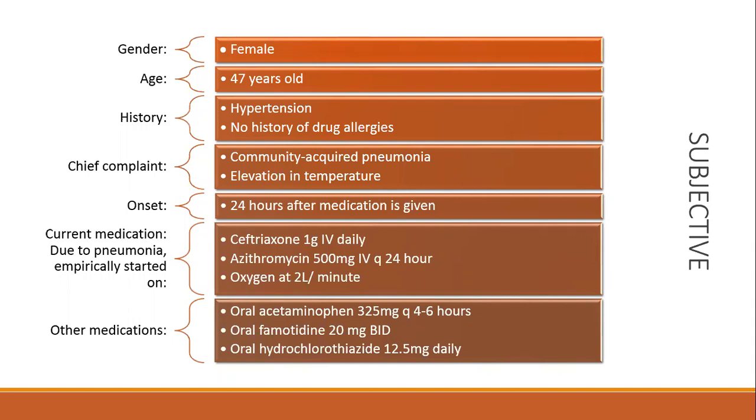Chief complaint is that she has community-acquired pneumonia and elevation in temperature is recorded during 48 hours. Onset of temperature rising is 24 hours after medication is given. Current medication due to pneumonia: empirically started on ceftriaxone, azithromycin, and oxygen at 2 liters per minute.